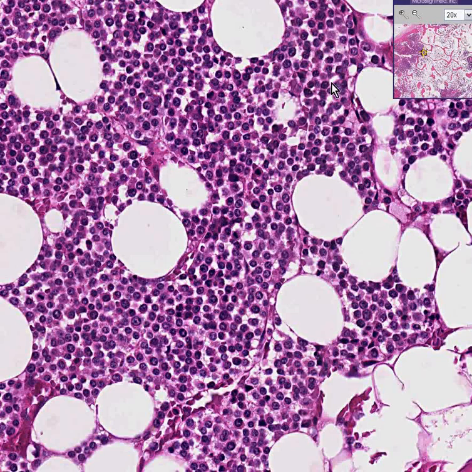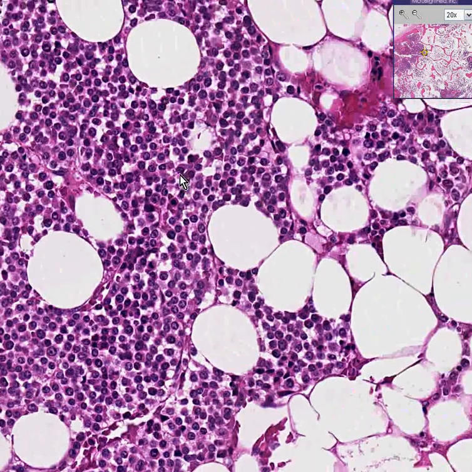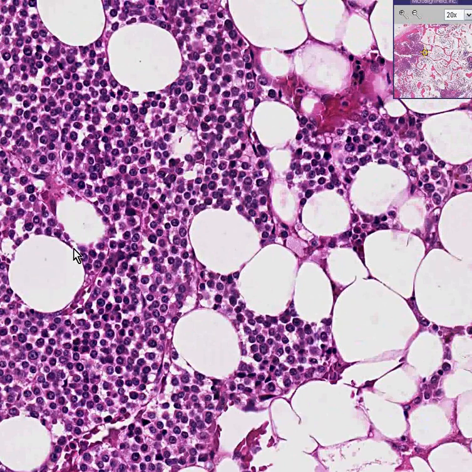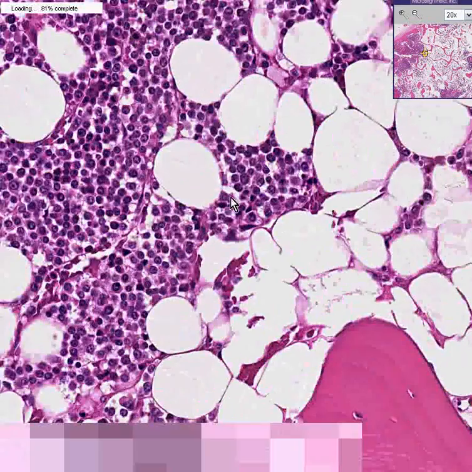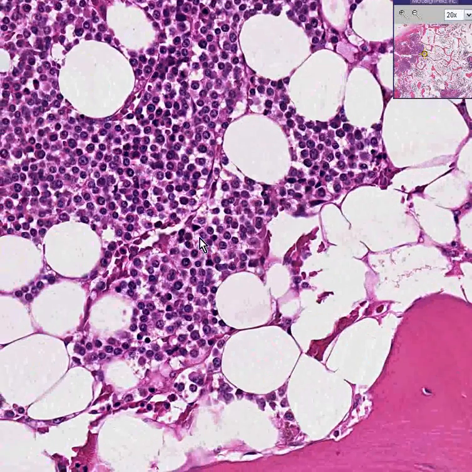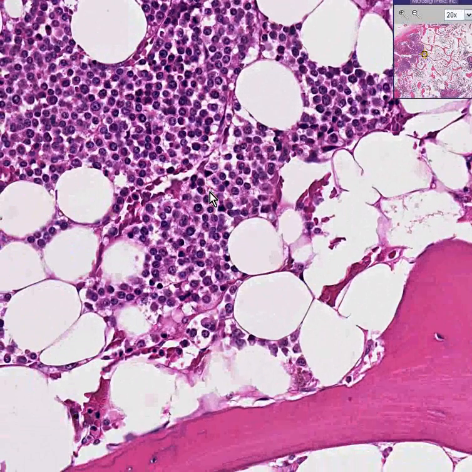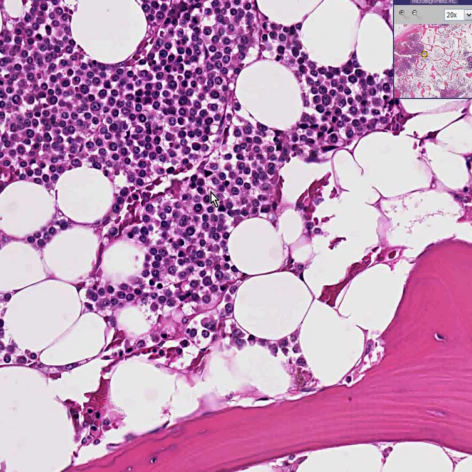And I wish we could go higher on this power. I'll try to find one for you that has all those classical features, although they really all do. I just want to find an area that's not so crowded, where I could hopefully show those features. Look at this cell here.